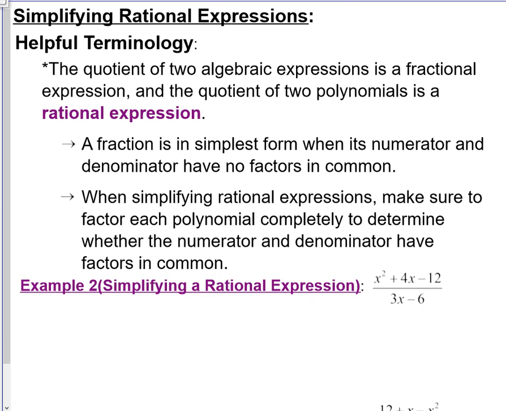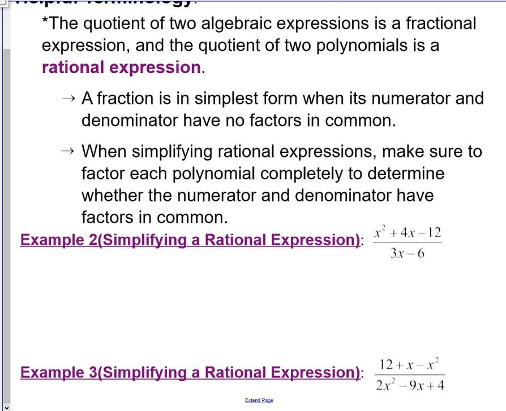So we're going to take a look at example 2 and example 3. Both of them ask us to do some simplifying. So when I start in example 2, I know I have a trinomial up in the numerator. I'm going to see if I can break that down into two binomial factors. The x squared as my first term will break down into x and x.